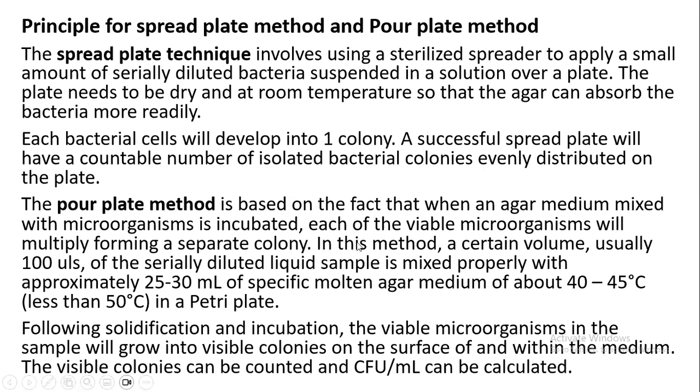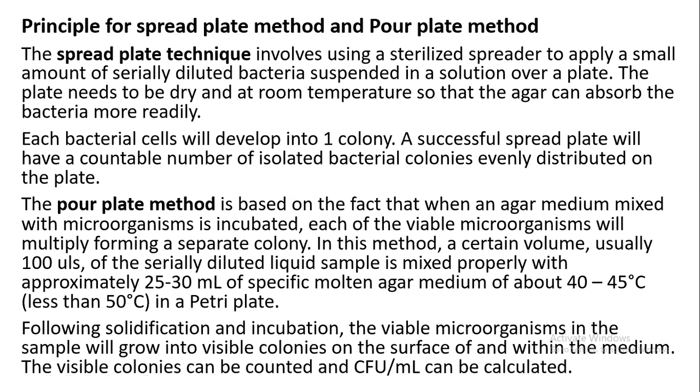Next is the pour plate method, which is based on the fact that when agar medium is mixed with microorganisms and is incubated, each viable microorganism will multiply to form a separate visible colony. In this method, a certain volume of a serially diluted liquid sample is mixed with about 25 to 30 ml of specific molten agar medium, which is at about 40 to 45 degrees Celsius, and then transferred into a Petri plate.